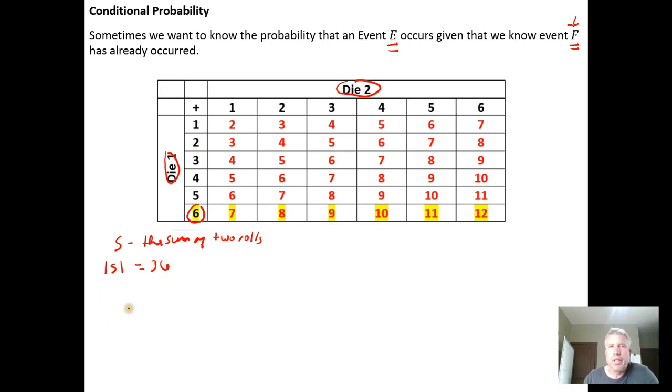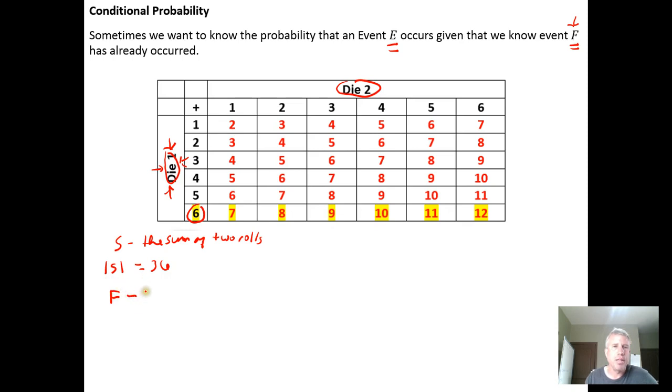And then we could have an event, F, that's already happened, and that event could be we've already rolled the first die and we know the result of that roll. And then what we could ask ourselves is, does that result impact the probability of other events occurring?